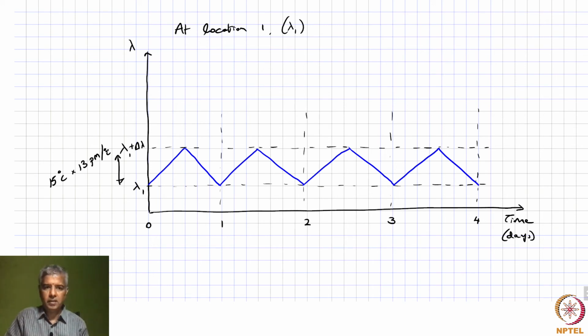In reality, it depends on the constituents of the fiber, or what the actual fiber is made of, and what type of doping you have incorporated to increase the photosensitivity of the fiber. So all those things come into the picture. But nevertheless, if you assume it's 13 picometer per degree centigrade, then that works out to roughly 0.2 nanometer, right. So you have a 0.2 nanometer shift in Bragg wavelength because of this.